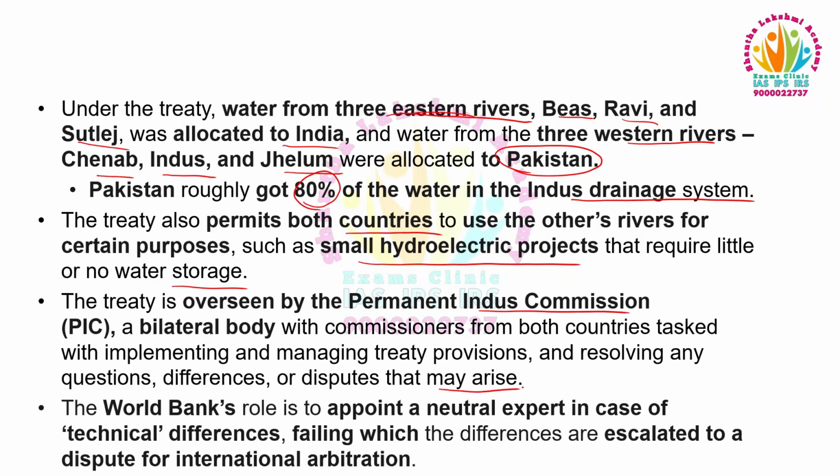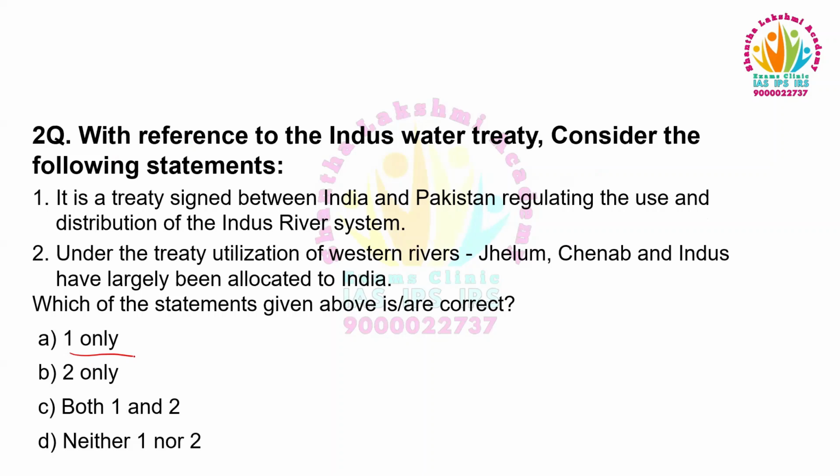The World Bank's role is to appoint a neutral expert in case of technical differences, failing which the differences are escalated to a dispute for international arbitration. So the answer is one only, because under the treaty, the western rivers Jhelum, Chenab and Indus have largely been allocated to Pakistan, not India.